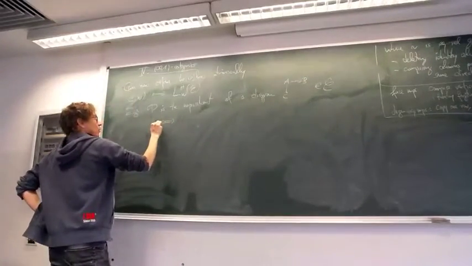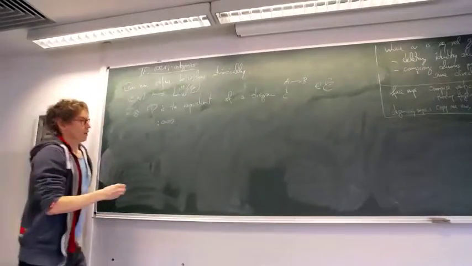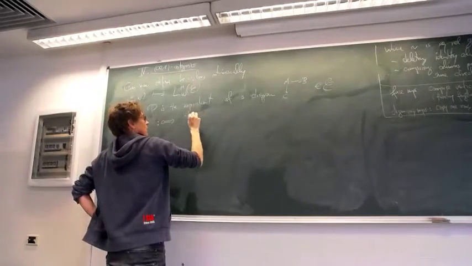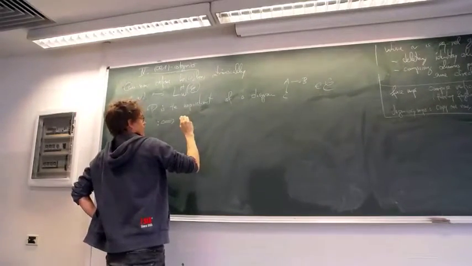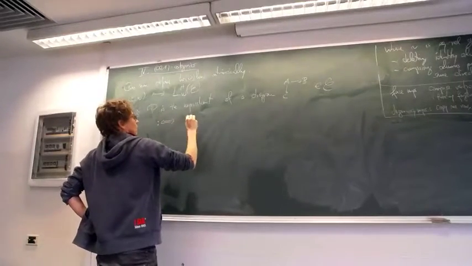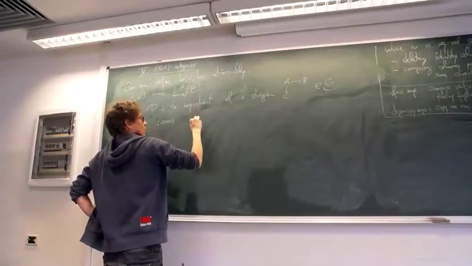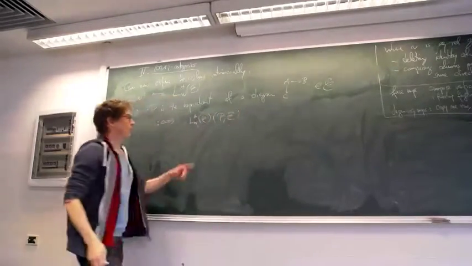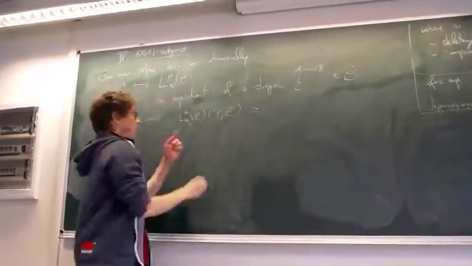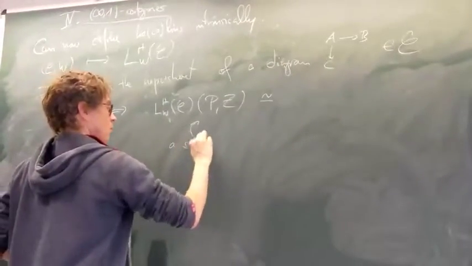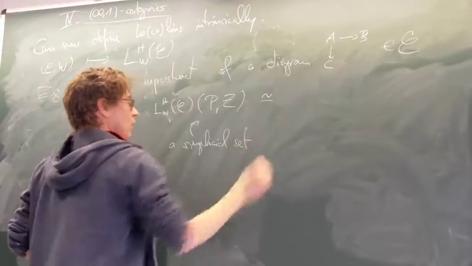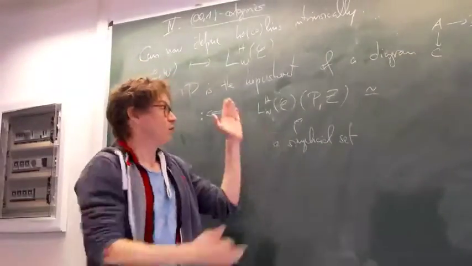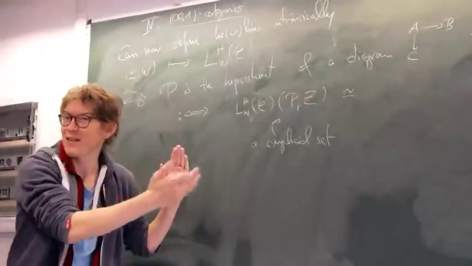And just say, okay, it's the following. It's the square. So it maps out of P into any Z. Now that's a simplicial set. And if I really want to talk about spaces again, because you're more comfortable with that, then you can put the geometric realization bars around it. Then you really have a space.